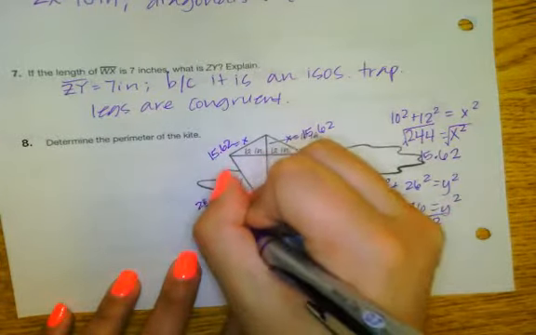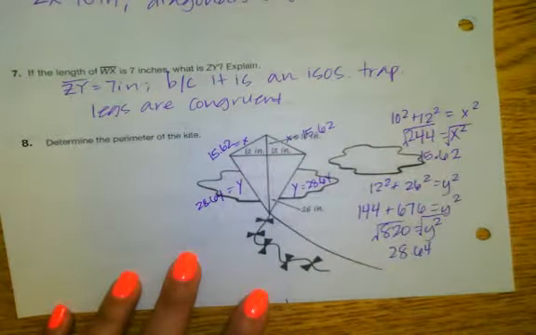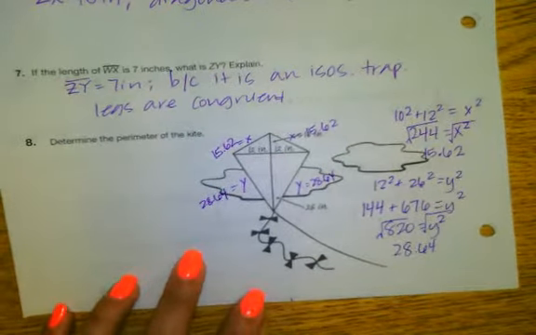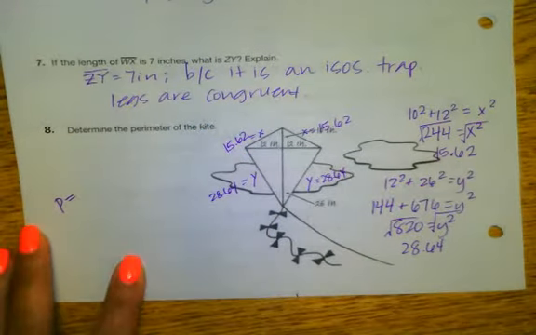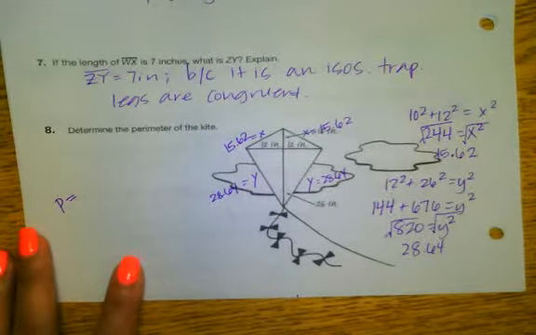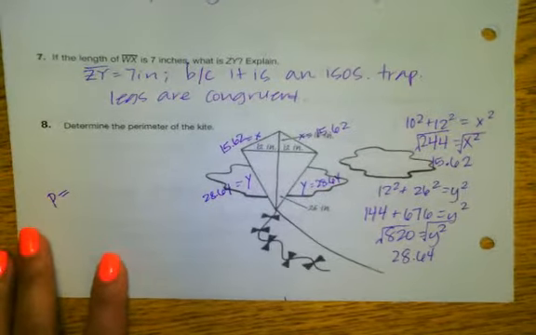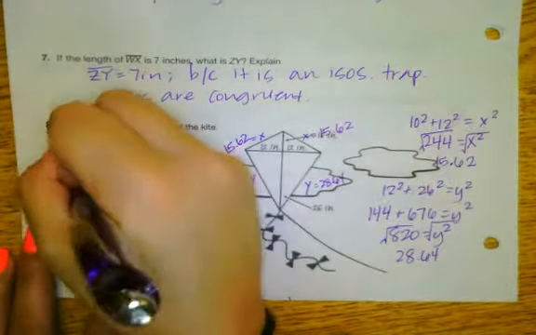Okay, so add up all four sides, and what do you get as the perimeter of your kite? 88.52 inches.